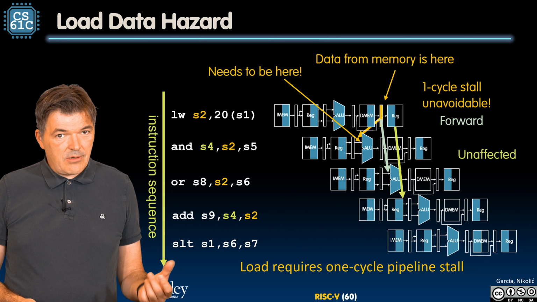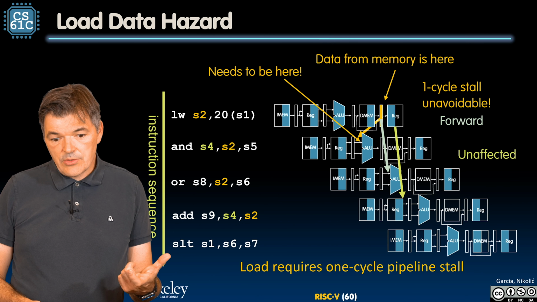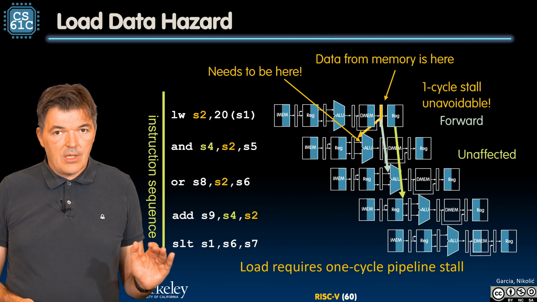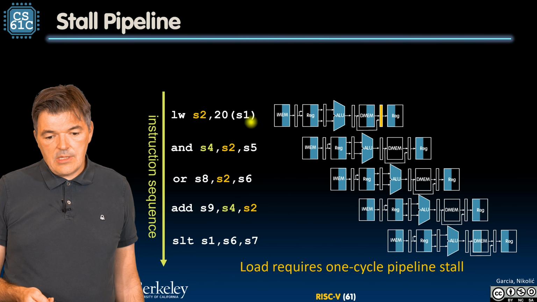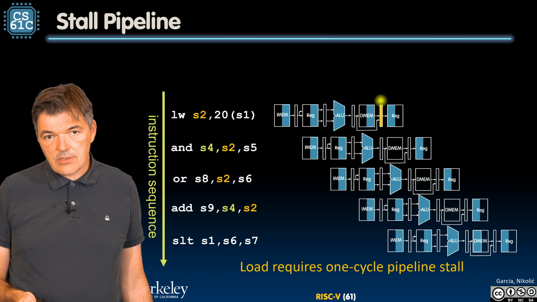So in a quick summary, load instructions, all types of load instructions, require one cycle pipeline stall. Let's see what that pipeline stall looks like. So our data is here in the pipeline register that follows the memory access stage, and it needs to be there.